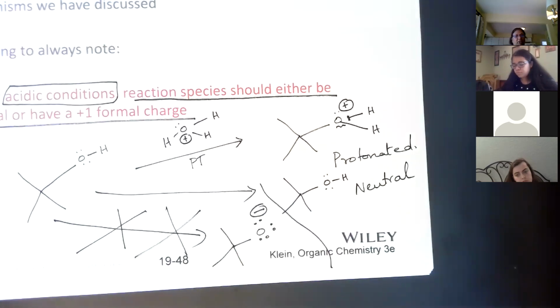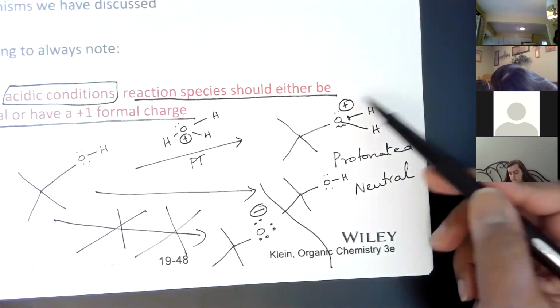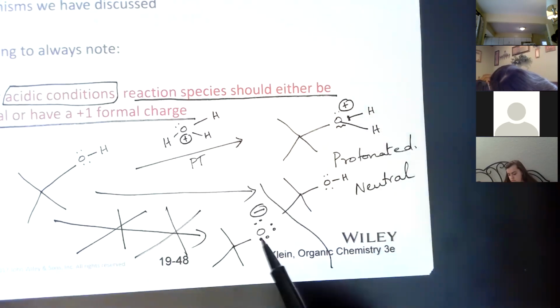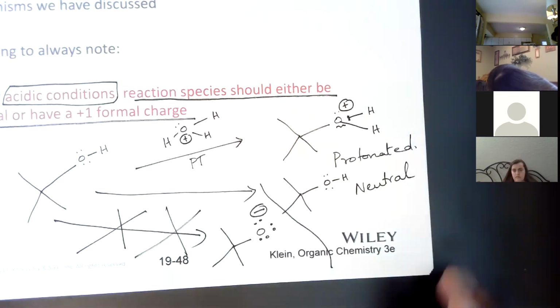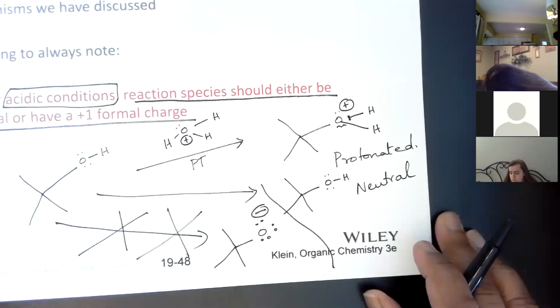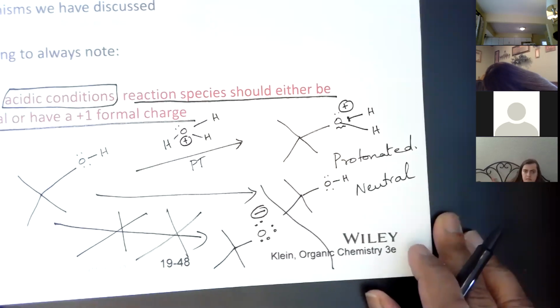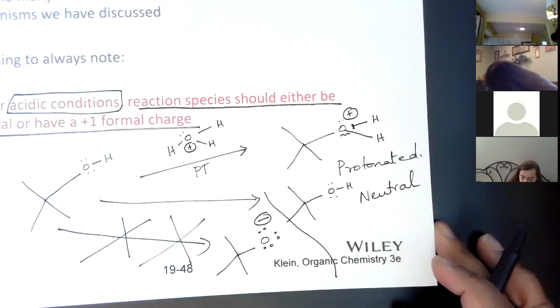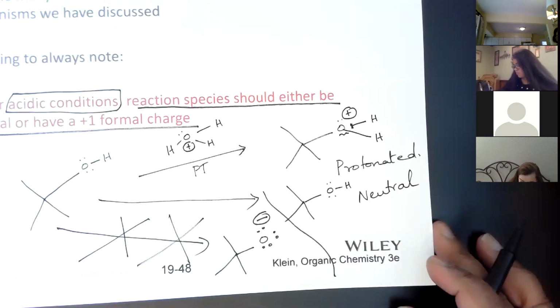There's acid there, so it will not let the oxygen have a negative charge. He'll go and protonate that, so he becomes neutral, and then protonate some more, so he becomes an oxonium ion. Okay, so you need to bear this in mind. Got it?